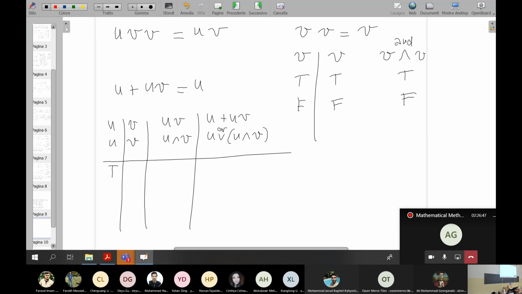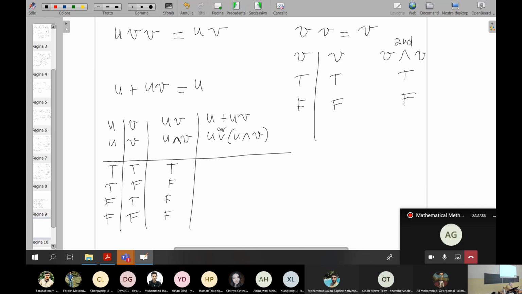Truth table: true, true, false, false; true, false, true, false. U and V: true, false, false, false.